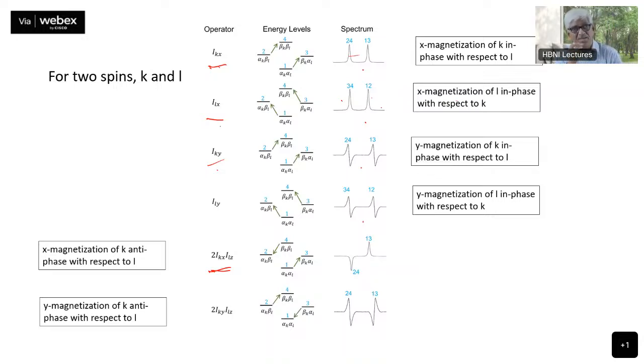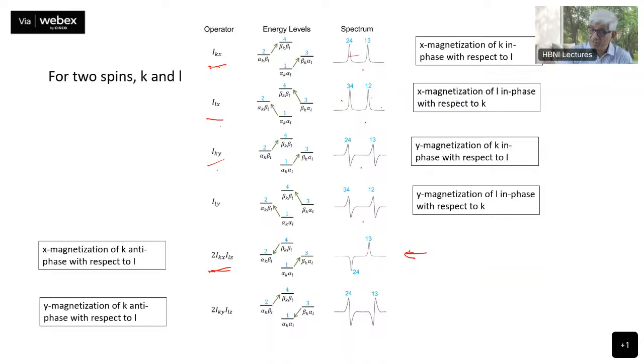Whatever is X or Y represents a transverse component, the transverse magnetization. But this ILZ means the transitions will appear like this. 1, 3 and the 2, 4 have opposite signs. So if 1, 3 is positive, 2, 4 is negative. That is what is called antiphase. So this is X magnetization of the K spin anti-phase with respect to spin L.